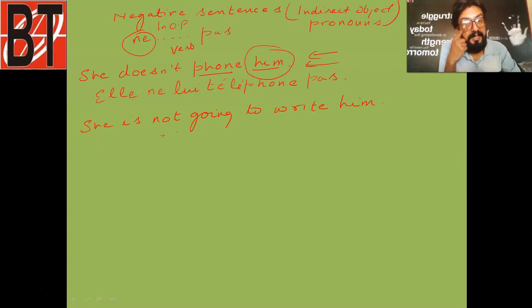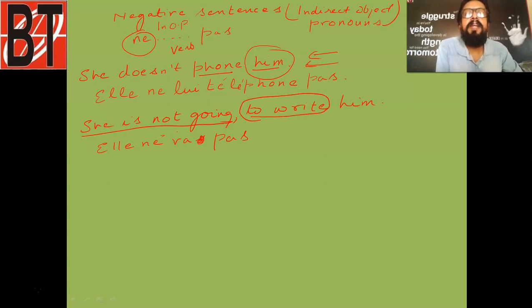Now, when you look at this sentence, she is not going to. इसको तो आप बड़े आराम से convert कर सकते हैं, क्योंकि यहाँ पे negative, she is not going, ये अपने आप के अंदर एक पूरा clause है. तो she is not going, elle ne va pas. Now to write him, to write to whom?